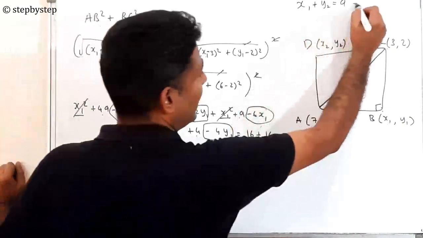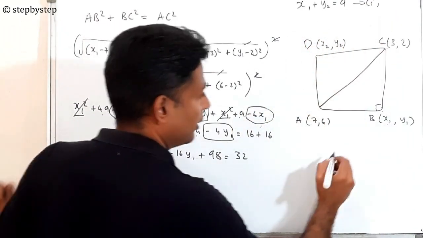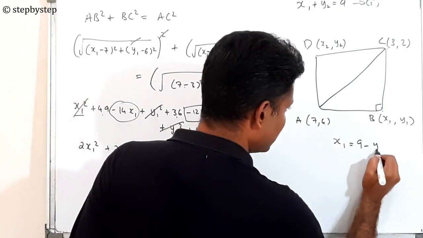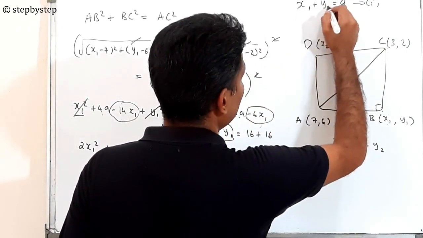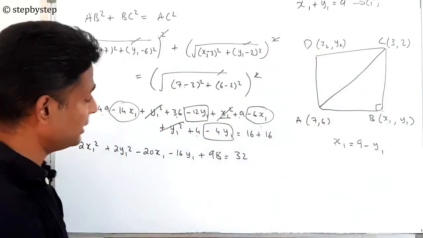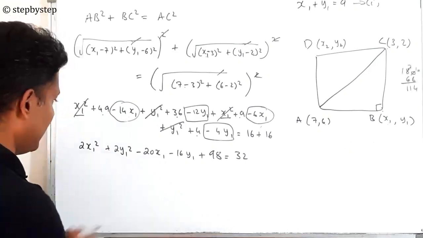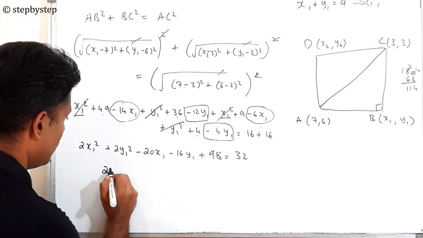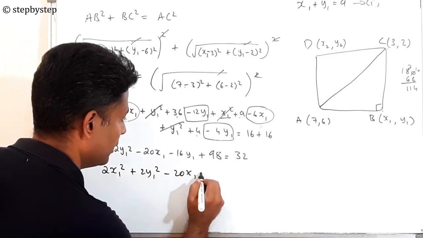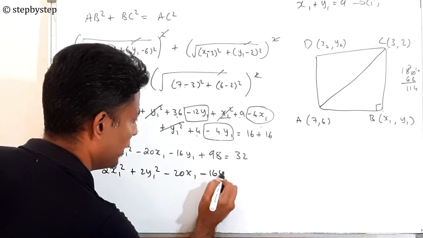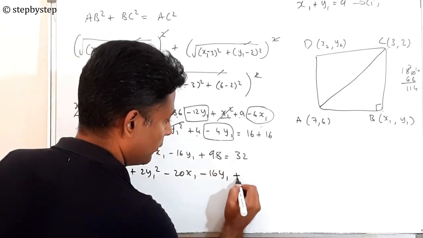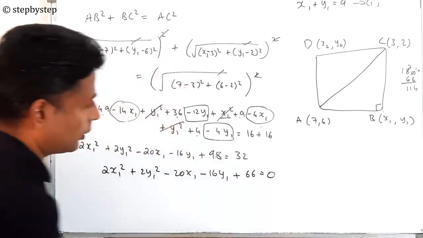Now here we found that x1 plus y1 equal to 9, which means I can substitute x1 as 9 minus y1 in this. So guys, now we have 2x1 square plus 2y1 square minus 20x1 minus 16y1, plus 98 minus 32, so plus 66 equal to 0.